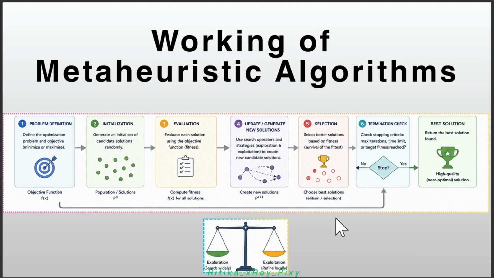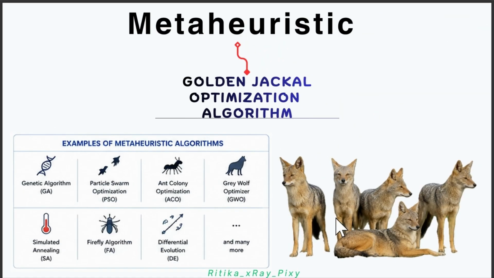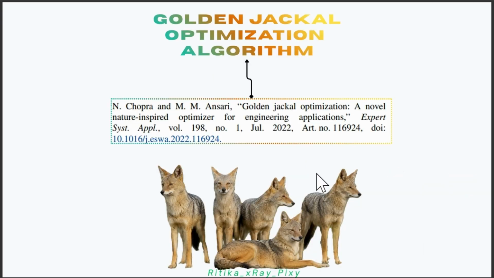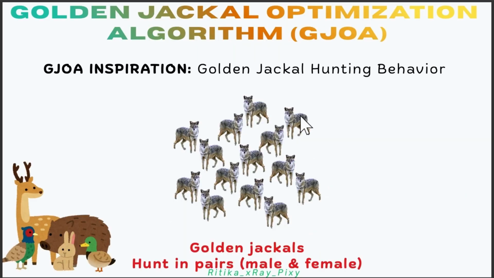Now let's connect the idea of bio-inspired optimization directly to the Golden Jackal Optimization Algorithm. This algorithm is inspired by the behavior of the golden jackal, a wild animal known for hunting in pairs, for smart coordination, and for its adaptive strategies.